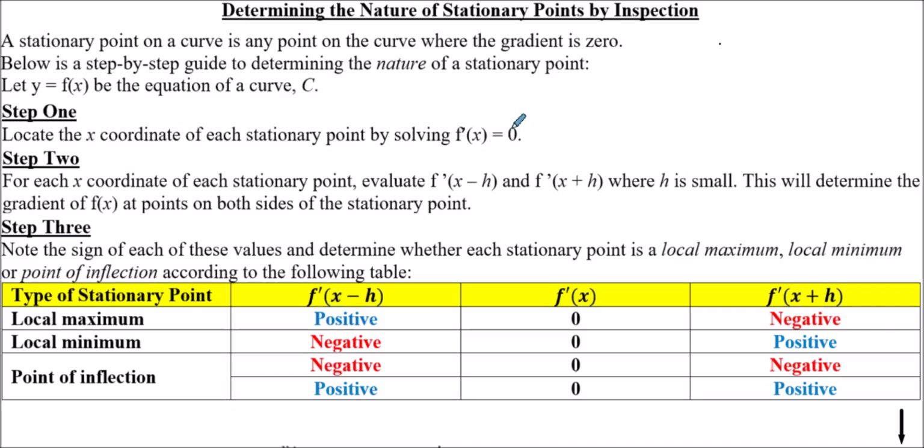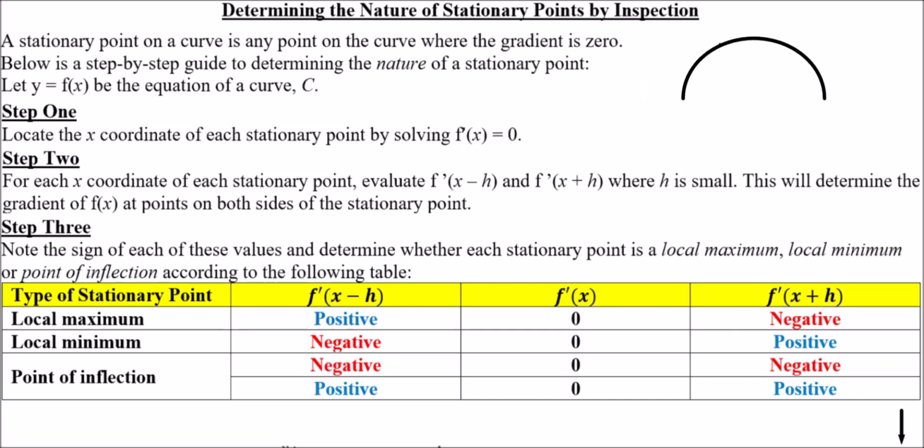So for example here, if I had a local maximum, what would happen is, if we worked out the gradient was 0 and we had a stationary point, then just before that point the gradient would be positive, and just after the gradient would be negative. So if I just show you a local maximum, very roughly sketched out.